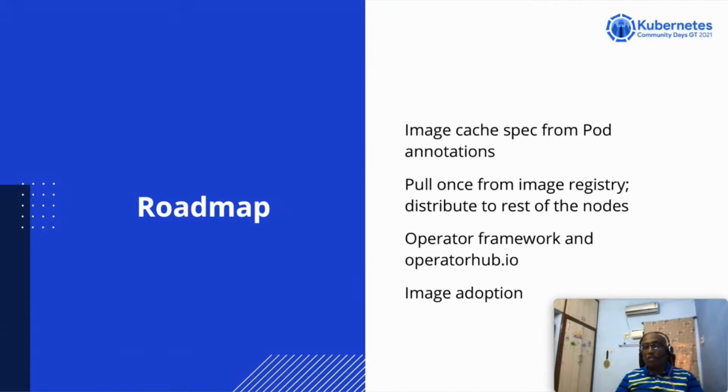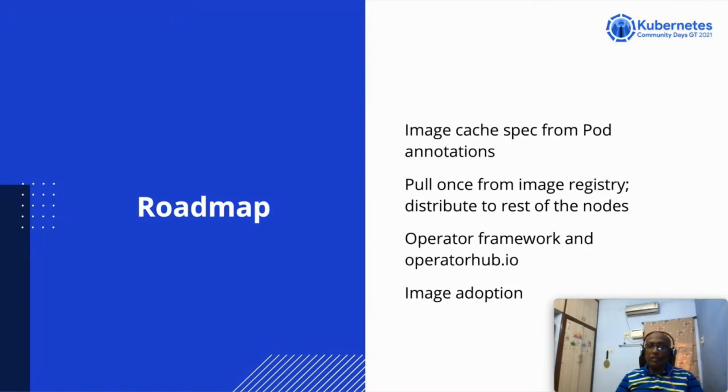Or for instance, if you don't want to pick all the images in the cluster, you can also use annotations to specify whether the image for that pod has to be cached or not. So that's a very interesting use case, and hopefully we will be able to implement it in the near future.